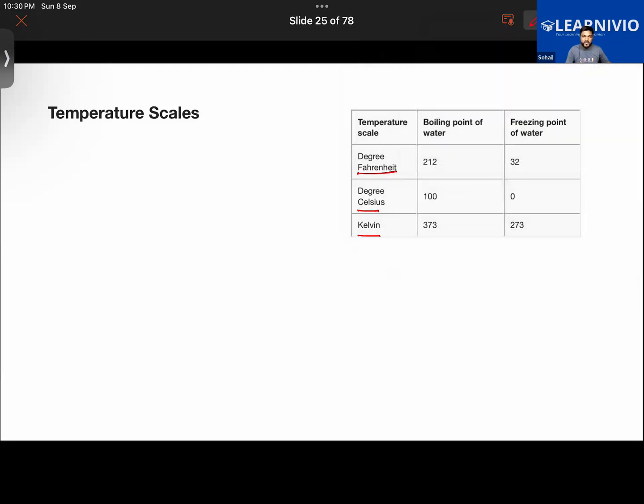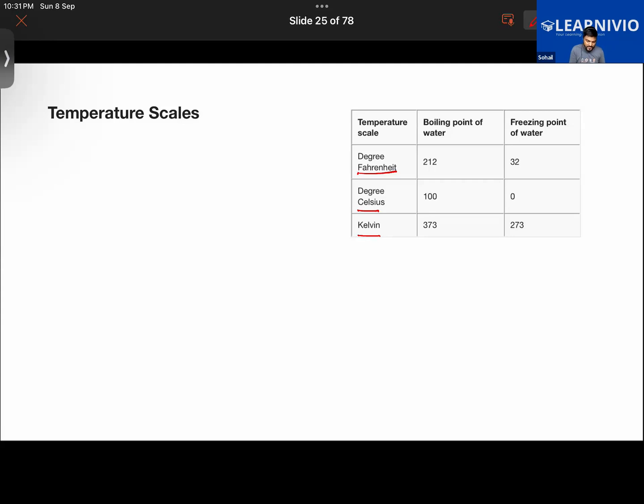And there are different formulas using which you can convert a given temperature from Fahrenheit to Celsius, or Celsius to Fahrenheit, or Celsius to Kelvin, or Kelvin to Celsius, or Kelvin to Fahrenheit, or Fahrenheit to Kelvin. Meaning that you can interchange the given temperature between these scales. Got the point now?